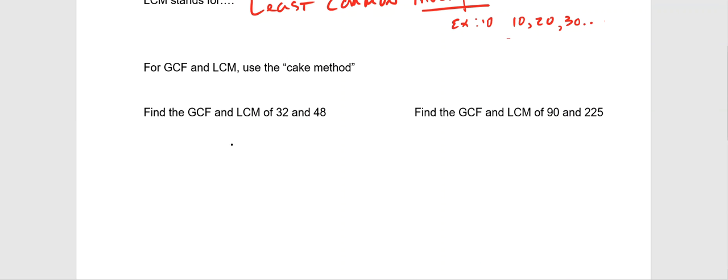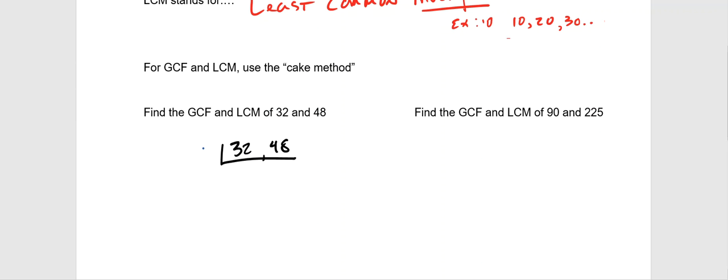So as a quick review, I'm going to start by writing my two numbers down that I'm going to find the GCF and the LCM of. And I'm going to put essentially an upside down long division house. And all I care about doing now is thinking of any number that fits into both 32 and 48, any number that is a factor. Now, some of you might say 2 because they're even.